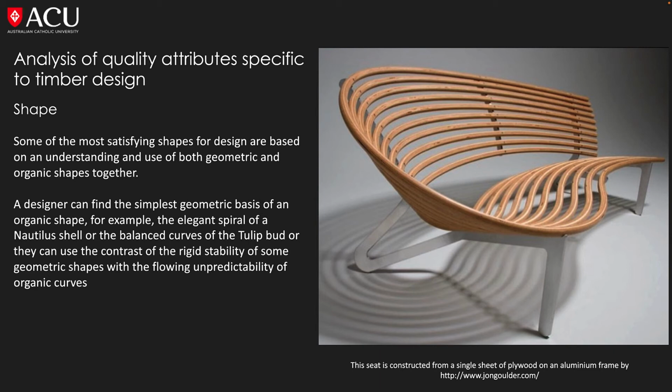And to some extent, you can see that here in this seat. Now, this particular designer is an Australian designer, and this seat is on display in the Powerhouse Museum in New South Wales. It's got an aluminium frame, and it's made from a single piece of plywood.